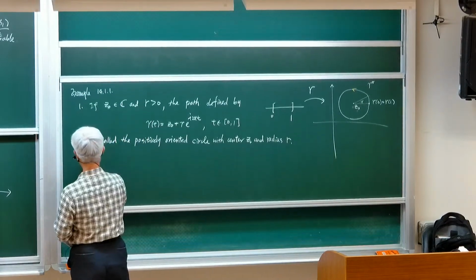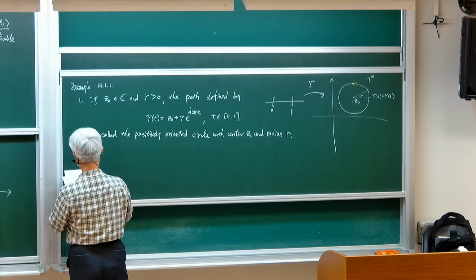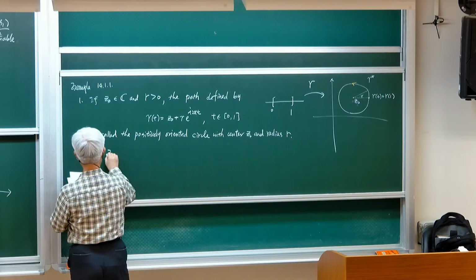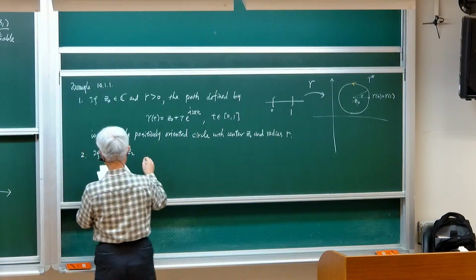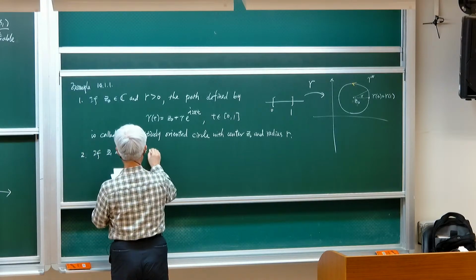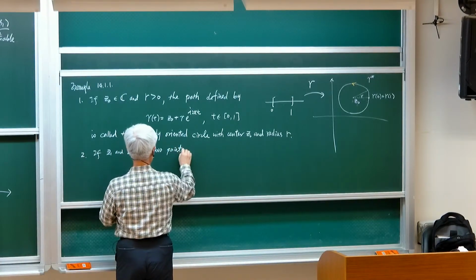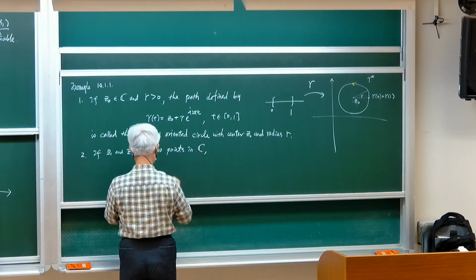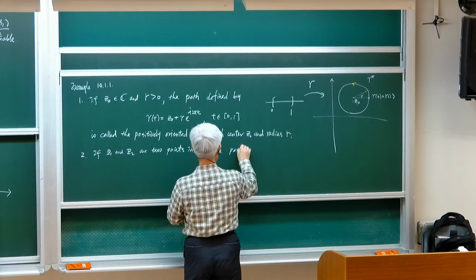Second example. If Z1 and Z2 are 2 points in the complex plane, the path, all right.